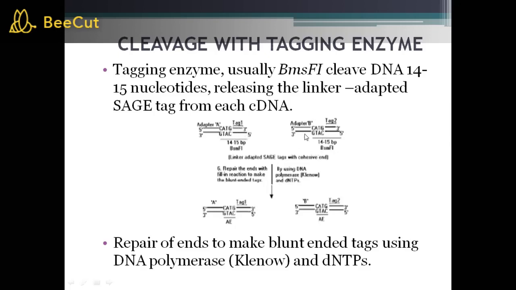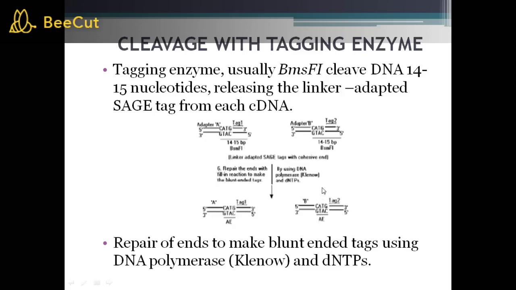Next we get the other one, adapter B, with that particular overhang and the second tag. The next step is to repair the ends with a filling reaction to make blunt-ended tags. So we have to repair these particular ends.